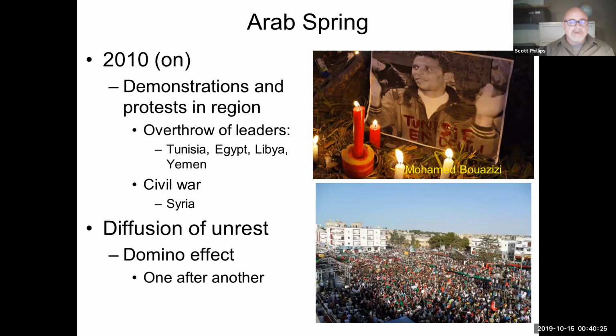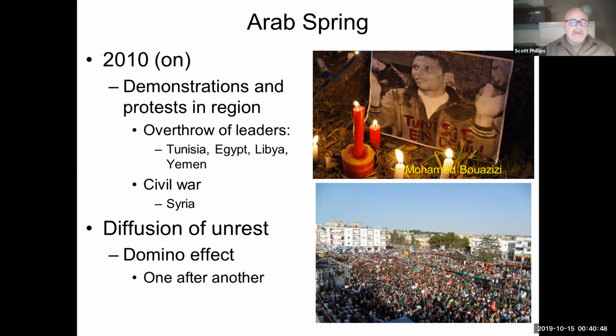And one other notable thing that's happened more recently is the Arab Spring. Starting around 2010, you had a series of demonstrations and protests in the region, and the overthrow of many of the leaders of some of these countries. Some of these were what you might call dictators, and you had different results in different places.